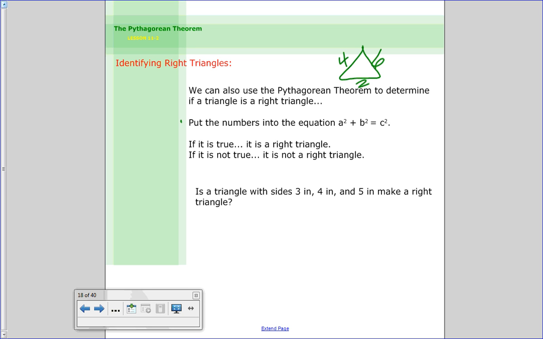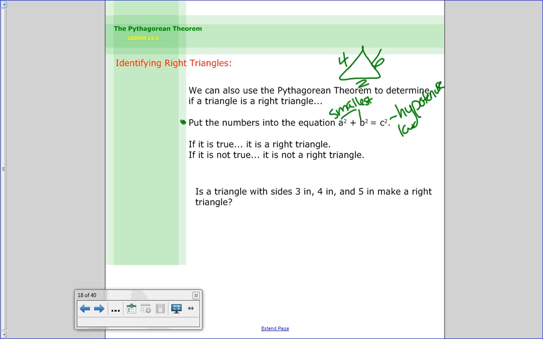First, you put the numbers into the equation a squared plus b squared equals c squared. So again, the two shortest numbers, or the smallest, I'm going to write smallest there. The two smallest numbers you put in for a and b. Because when we talked about legs, those are the smaller sides. The hypotenuse, or the largest number, is always used for c.